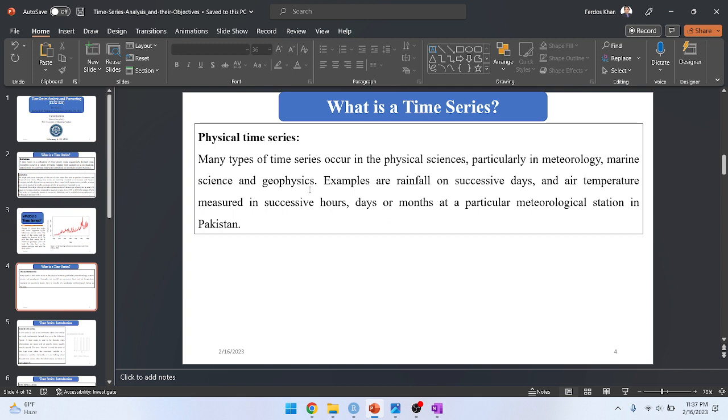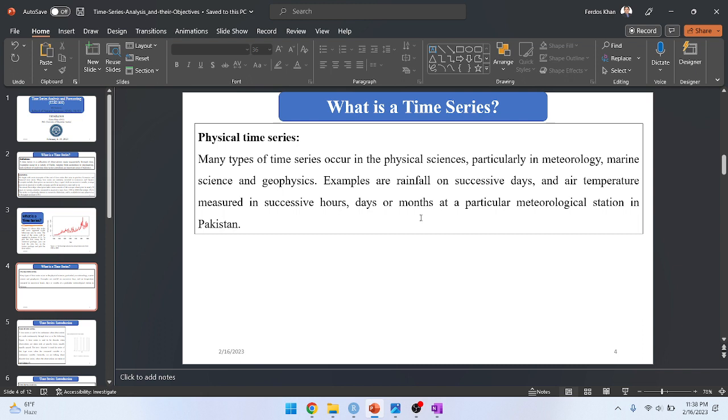So that was general time series, and we also discussed some specific ones: economic and financial time series, and now physical time series and geophysics. Examples are rainfall on successive days and air temperature measured in successive hours, days, or months at a particular meteorological station. And suppose you can say in Canada, United States, Russia.